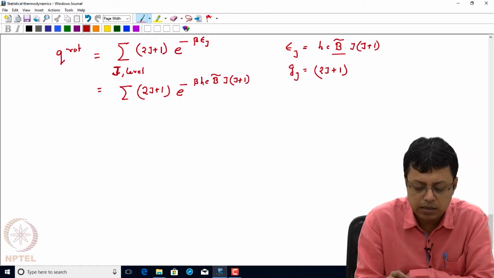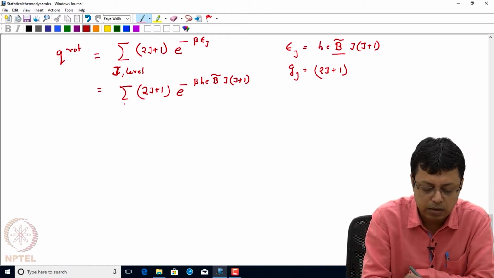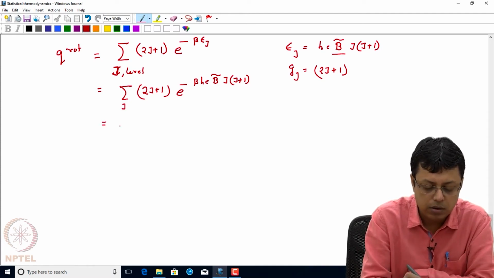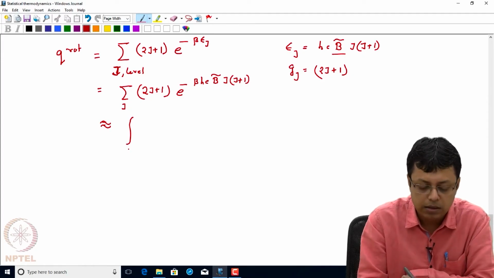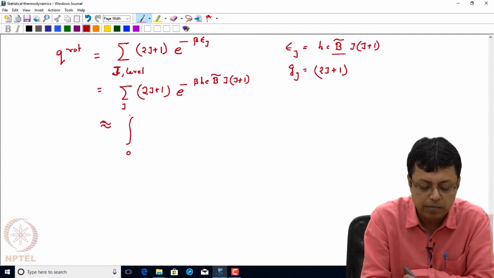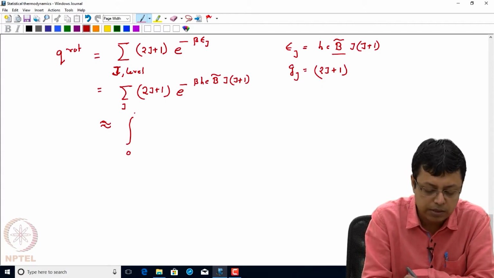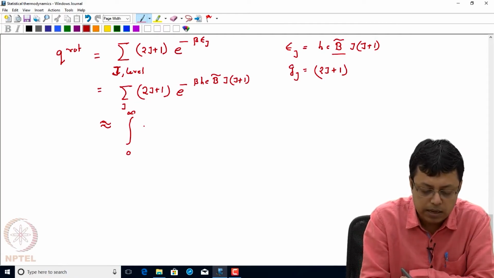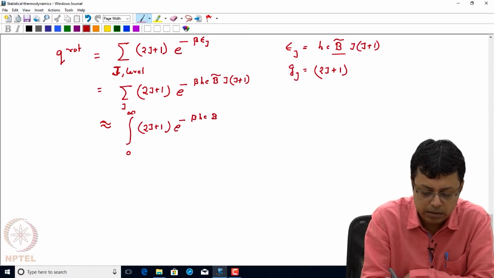Now you see that we can write this again like before as an integration, because we know that the rotational energy levels at room temperature behave more or less like continuous energy levels. So the quantum number goes from 0 to infinity, and I have (2J+1) e to the power minus beta hc B tilde J(J+1).